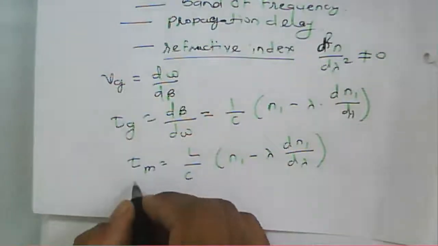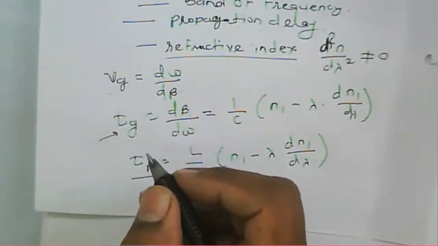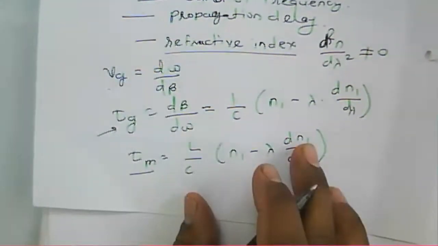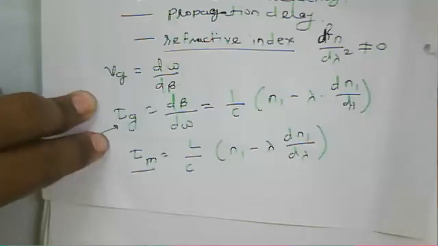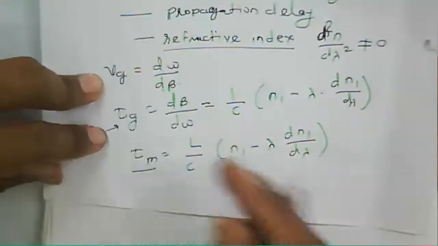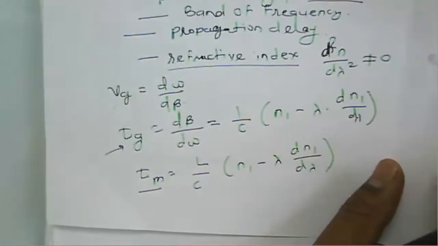So this one is about the material dispersion and this one is about the delay. So we can calculate a pulse broadening factor using this material dispersion.